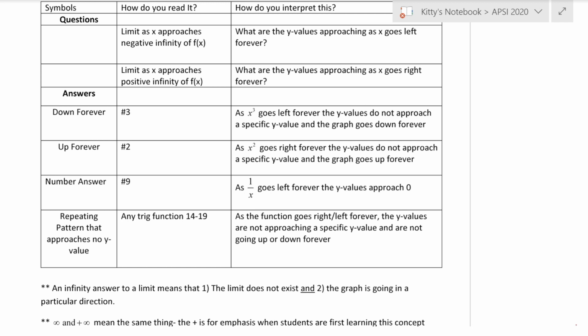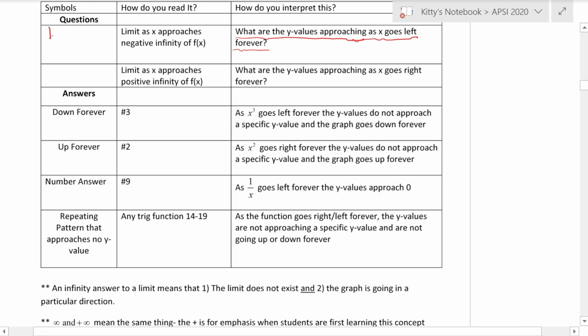So yesterday you were asked to find the y values that you're approaching as x went left and right forever. So what we're going to do today is talk about how you write that in symbols. You're going to use something called a limit, and the symbol for limit is LIM.